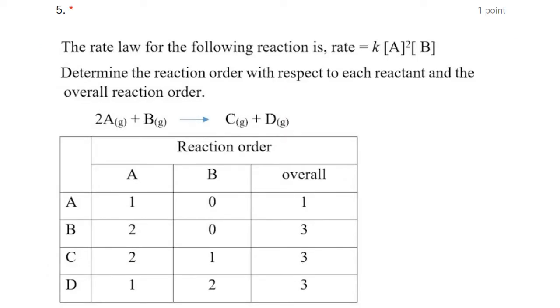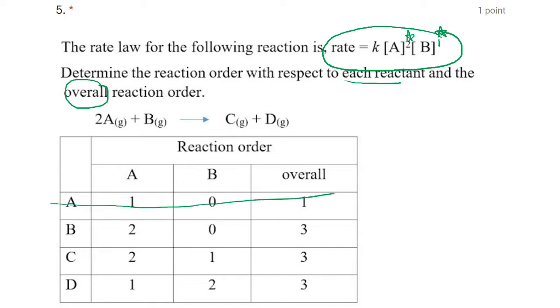Question number 5. Given the rate law, rate equal to K concentration A to the power of 2 and concentration B to the power of 1. Determine the reaction order to each reactant and also the overall reaction order. If we want to determine the order for each reactant, we just focus on the power here. So for reactant A, the order is 2.